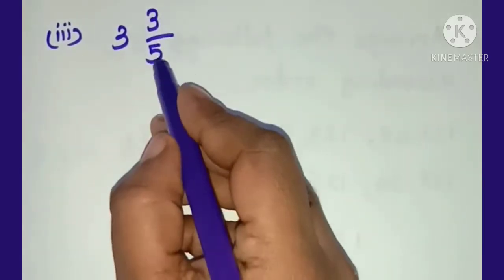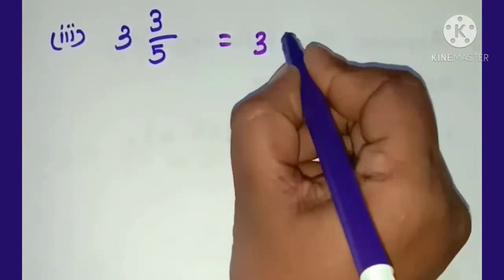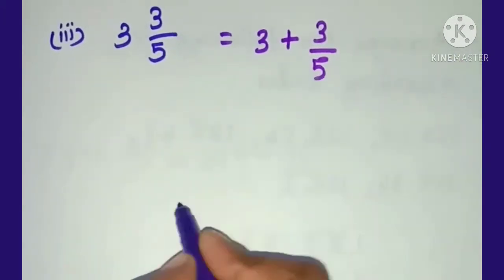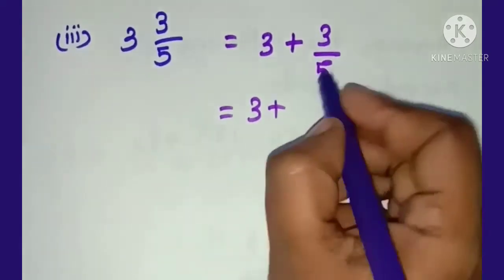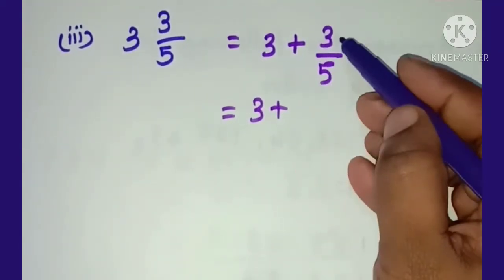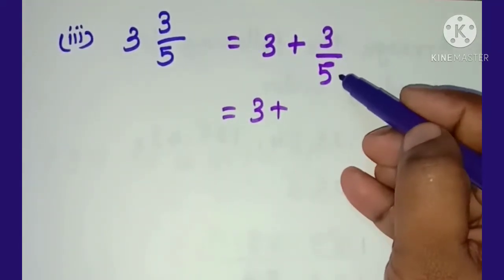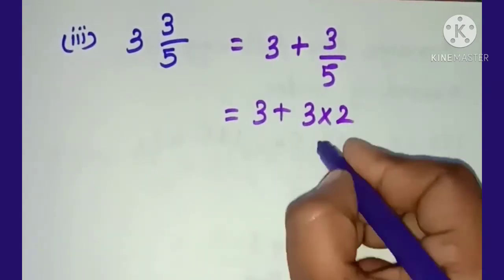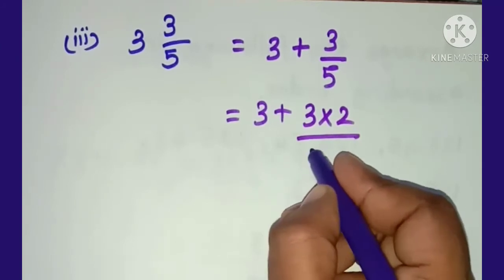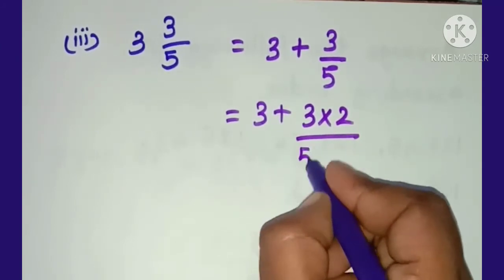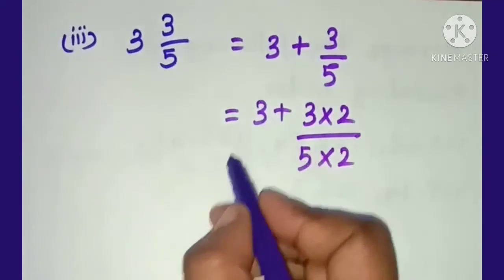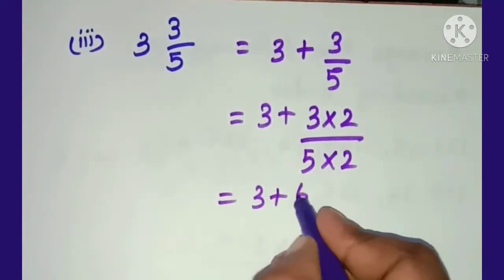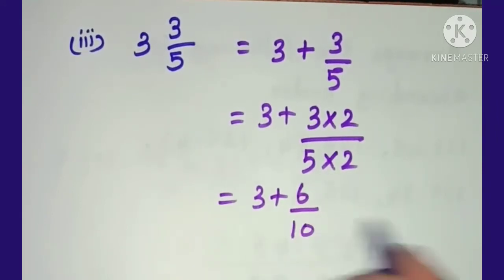Students, 3 by 5 can be written as 3, the whole number, and the fraction part. Now we have to find the equivalent fraction with the denominator 10. For that, multiplying and dividing the numerator and denominator by 2, we get 3 plus 6 by 10.